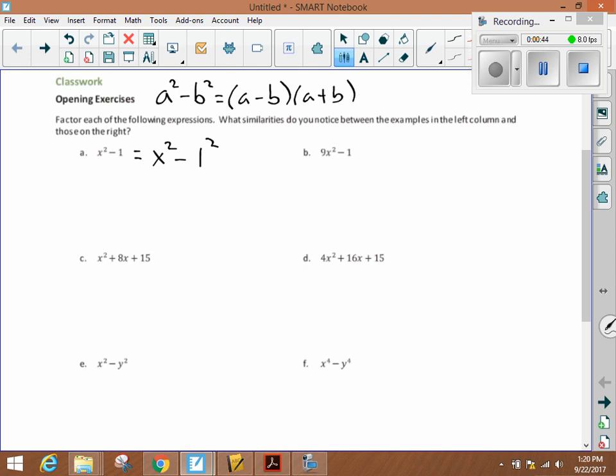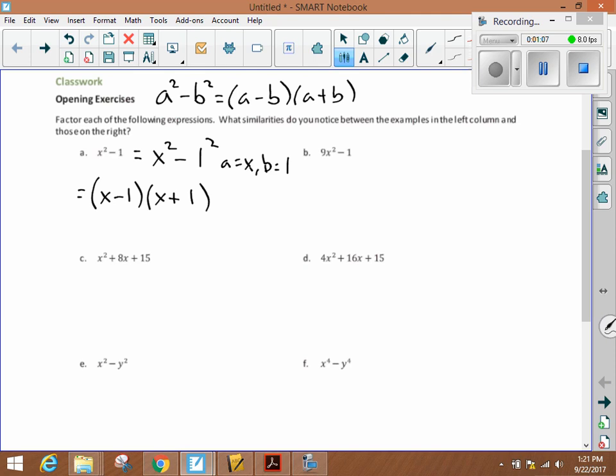Okay? So in this case, a is x. So we could say that a is x and b is 1. And we can just plug that in there, right? So that would give us x minus 1 times x plus 1.